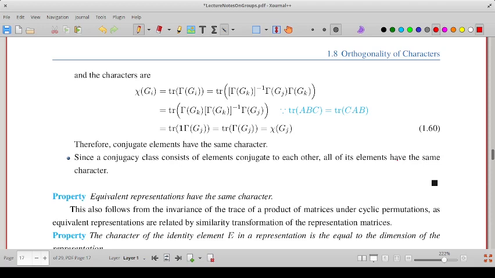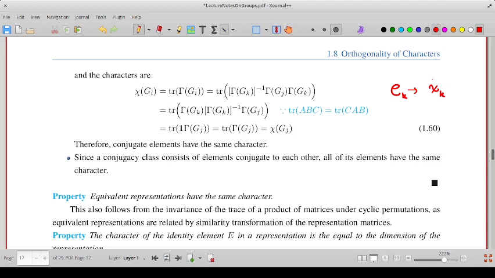And therefore a conjugacy class can in fact be labeled in terms of the character of the conjugacy class. So if Ck is a conjugacy class of the group, all elements in Ck will have the same character, and we may denote this character by chi k.